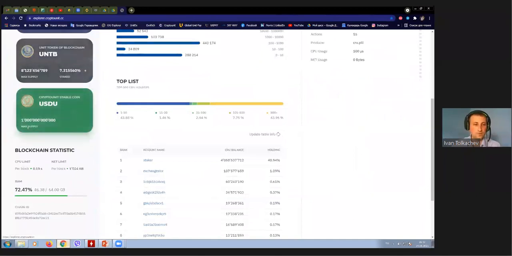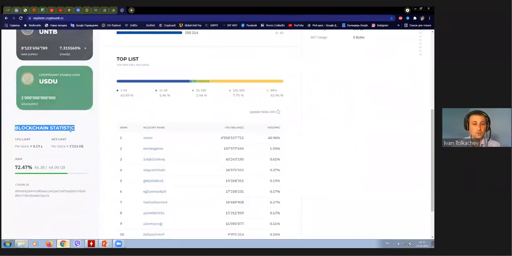And a bit lower, under the sideboard tokens, there is blockchain statistics, showing how the capacity of blockchain is used: CPU, NAT, and RAM, and why they are all needed. Maxim will come back to it when he presents the work with the wallet. But please note that at present on blockchain, there are 4 gigabits of memory, out of which 46 is already consumed or occupied.